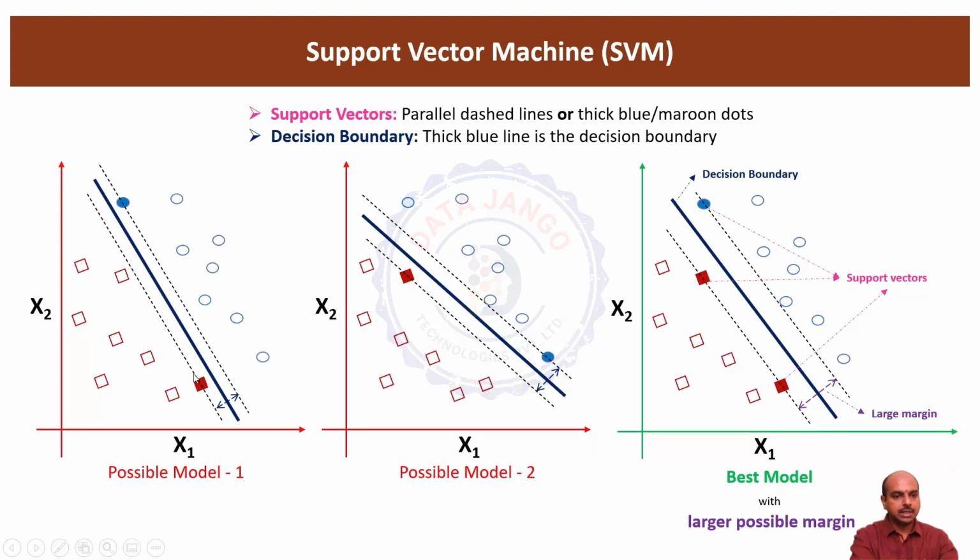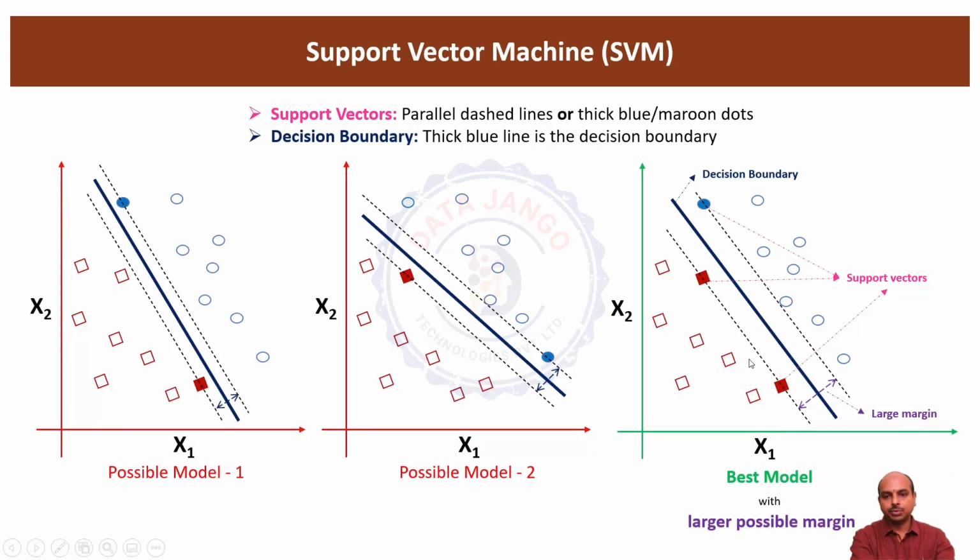If it chooses this red square as the support vector and this one as the support vector, the decision boundary is going to be at a certain angle. And if it chooses this data point as support vector and this data point as support vector, the decision boundary is going to be at a different angle. I think you are observing that the angle is changing. The angle is changing because the support vectors changed.